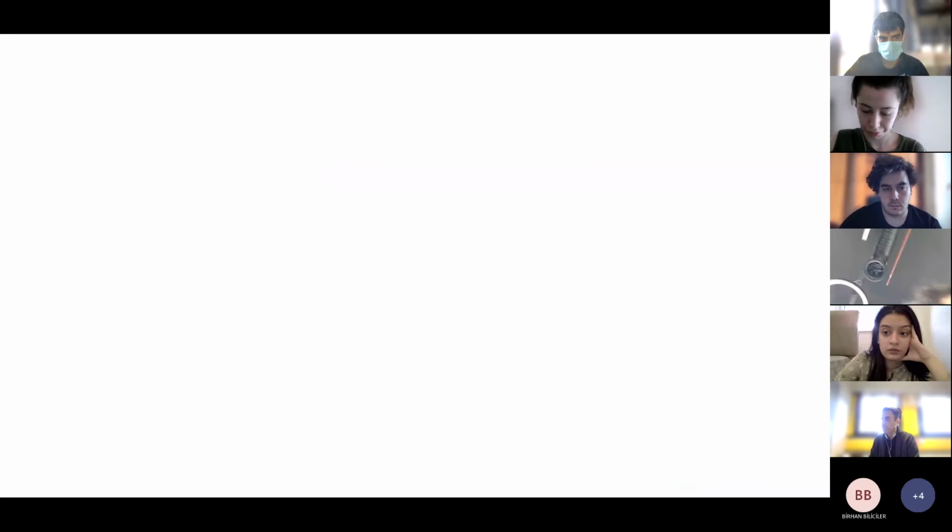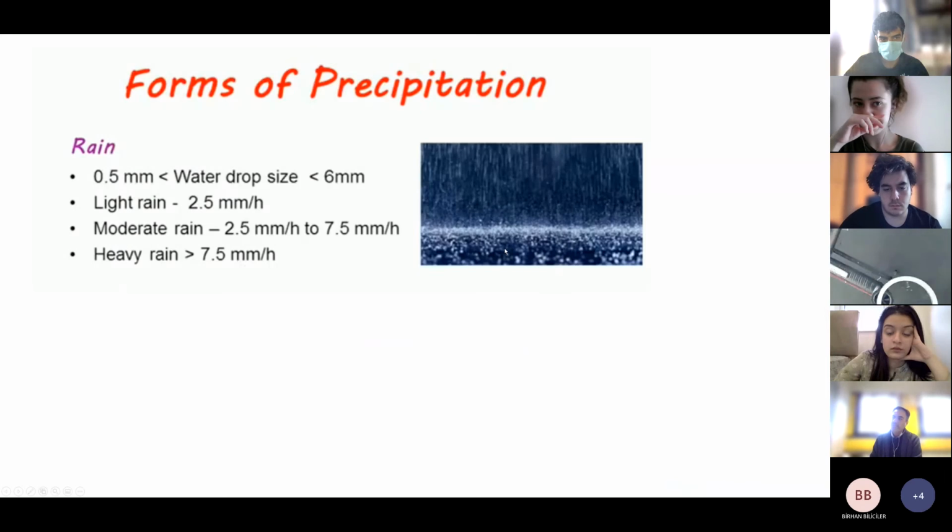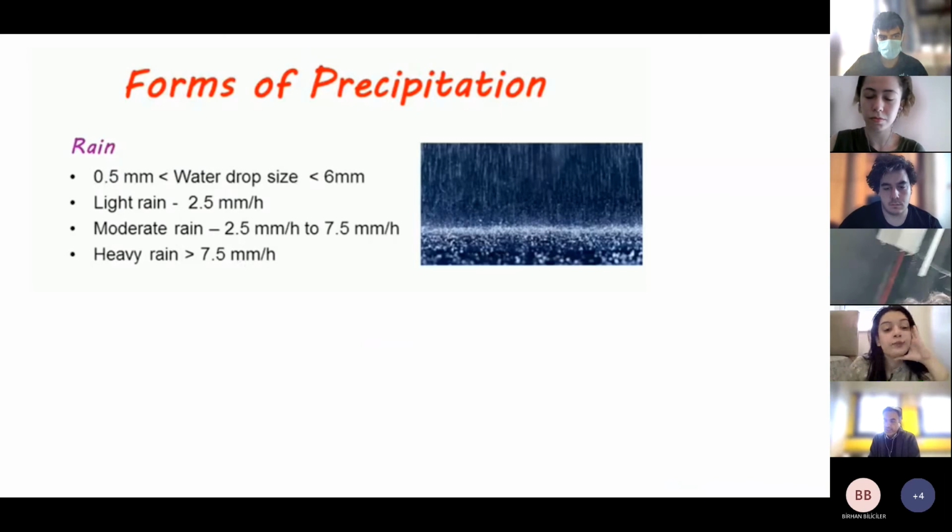other kinds of precipitation. Okay, so rain is a form of precipitation in which water drop size is between 0.5 millimeter and 6 millimeter.